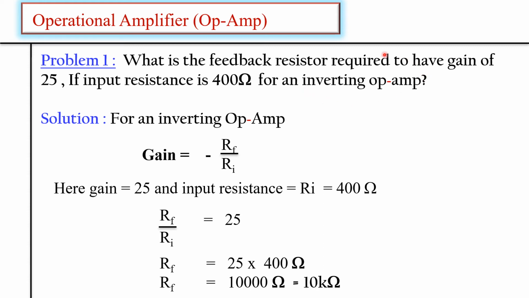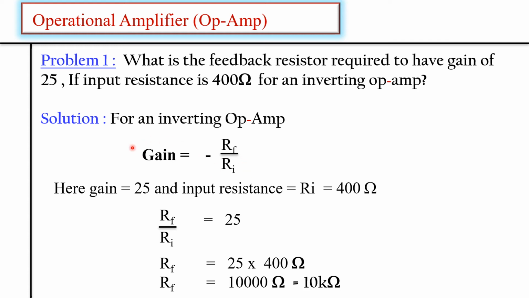So what are you given here? Inverting op-amp. How much is the gain given? 25. What is the input resistance? 400 ohms. Now for inverting op-amp, what is the gain? Gain is equal to minus Rf upon Ri, right?